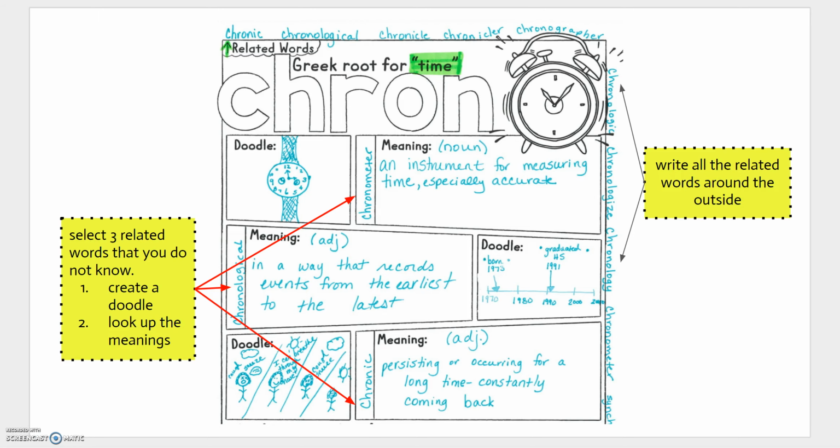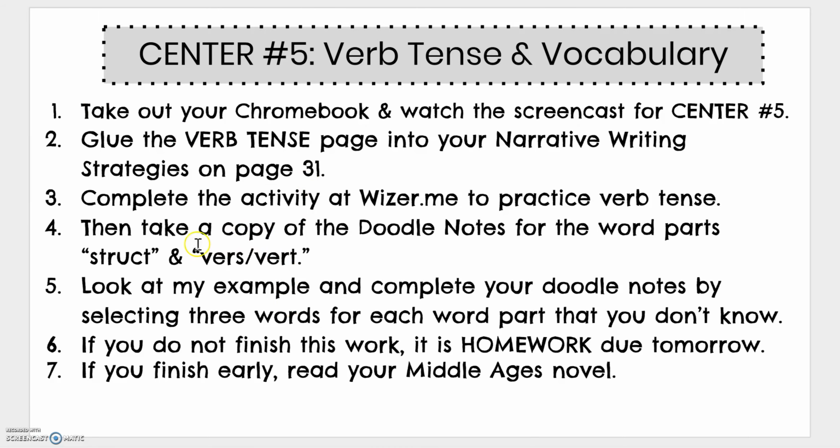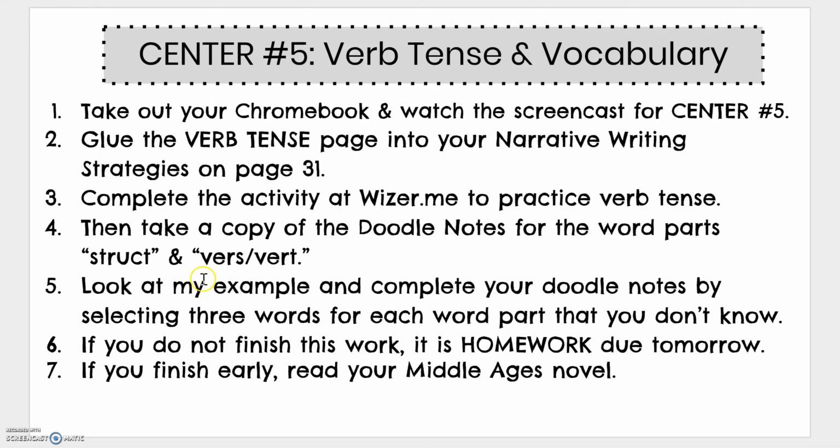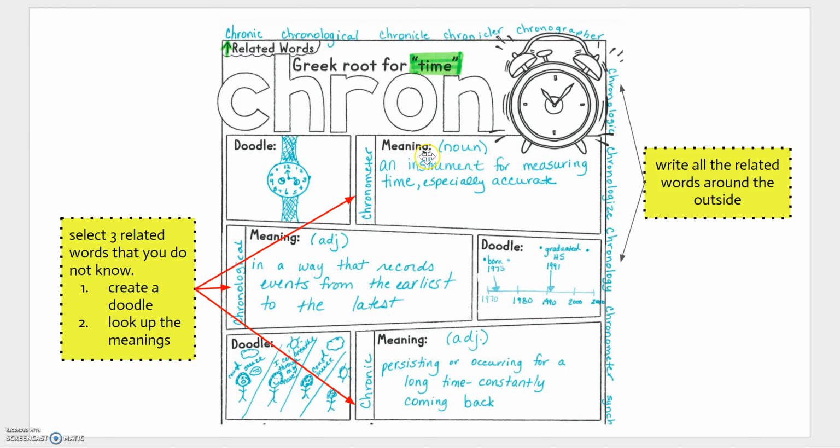So the next part of your activity tells you to take a copy of the doodle notes for the word parts struct and verse. And it looks like this. And then there's another one for vert. And if you look at the example that I did here, and I didn't do one of the ones you're going to do, I used cron.